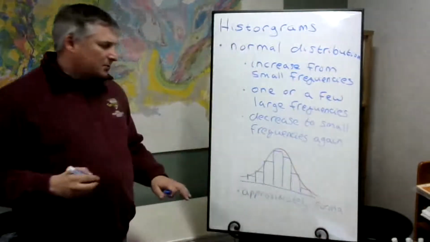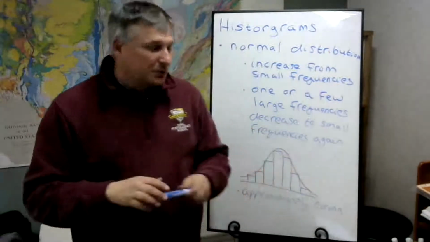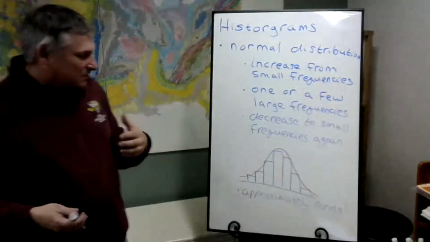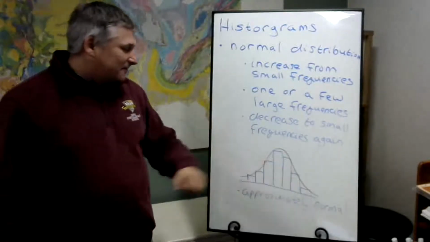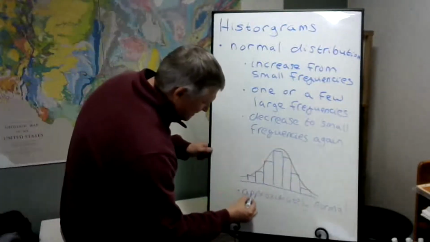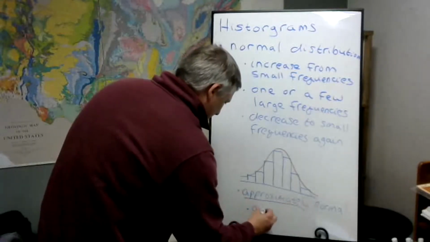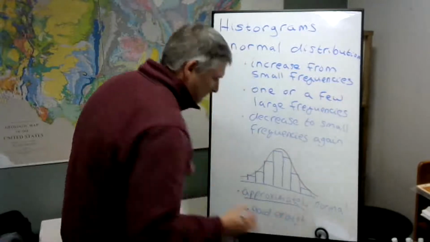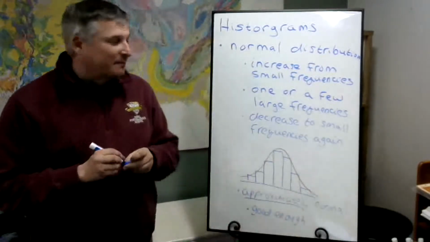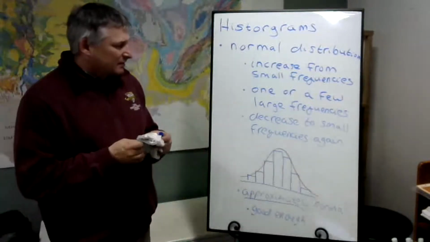Now, there are other distributions that have kind of a bell curve to them, for example, t-distributions. But the sort of the classic bell curve is your normal distribution. And again, it's not going to fit, but if it's good enough, well, then we'll be happy with it. So that's the normal distribution.